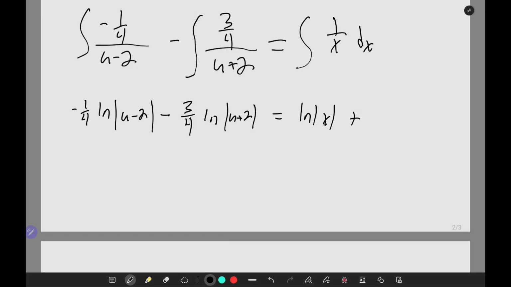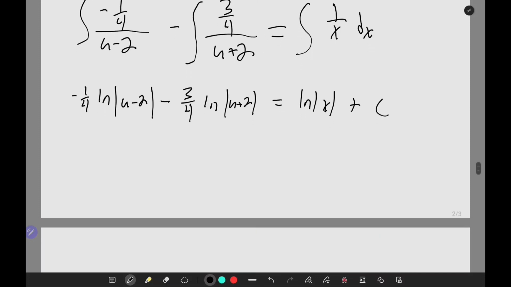Now remember, on the left side we had c1, on the right side we had c2. That's just going to become c, just like in the previous video. So for example, we had plus c1 plus c2, c1, let me do this in red. We had plus c1 plus c2.